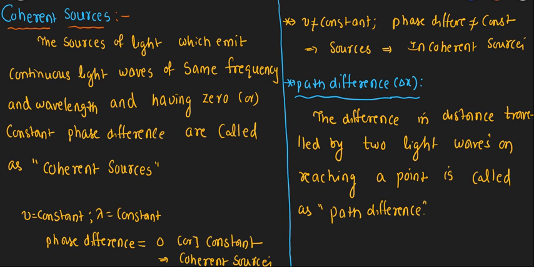What is the path difference? The difference in distance traveled by the two light waves on reaching a point is called the path difference. I will explain with a picture. You take a screenshot and note it.